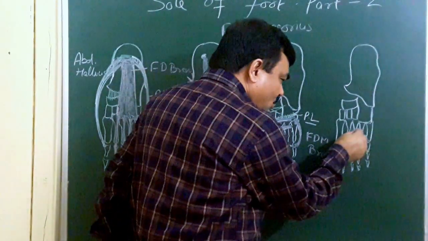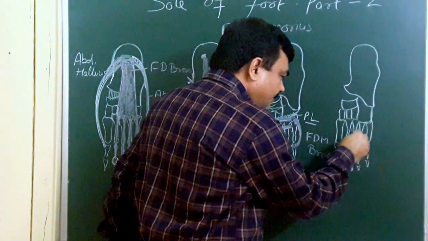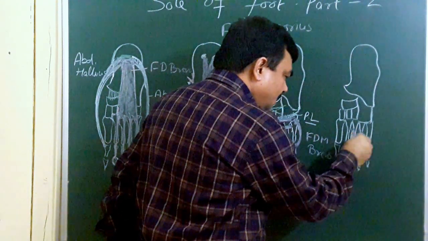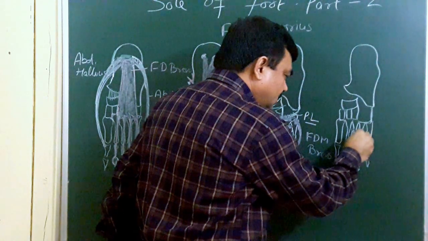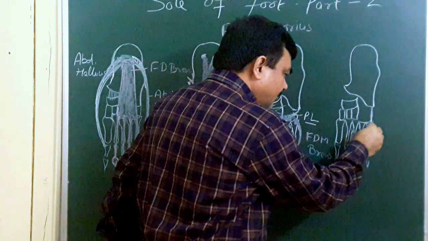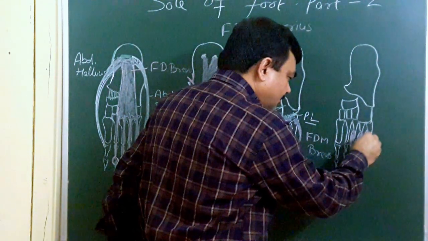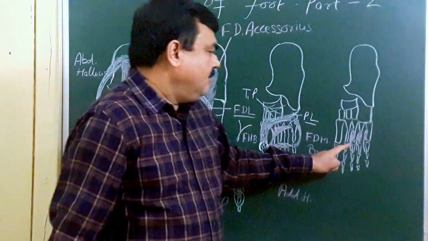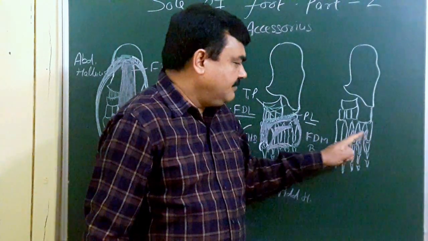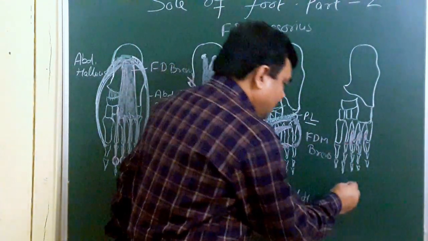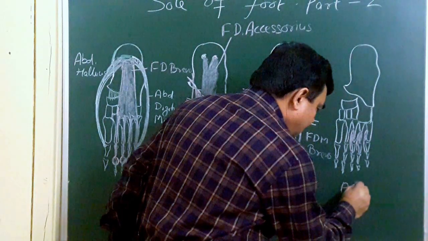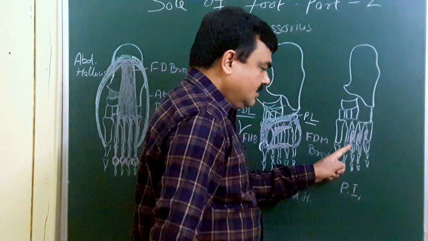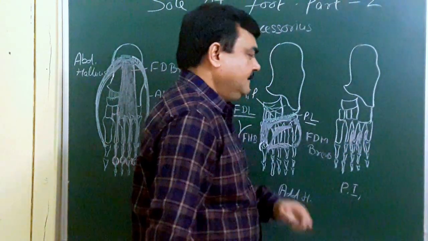Plantar interossei take origin from the medial side of the third, fourth and fifth metatarsals. These are the plantar interossei. There are three in number: this is first, this is second, this is third.